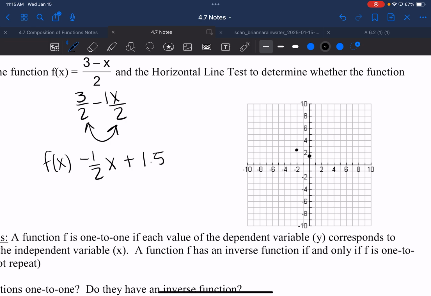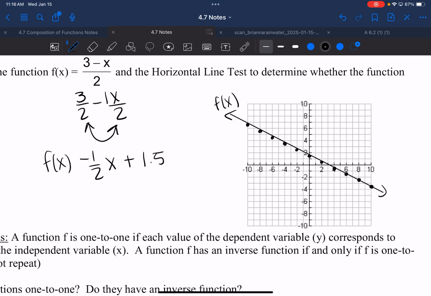Very good. So here is our function f of x.